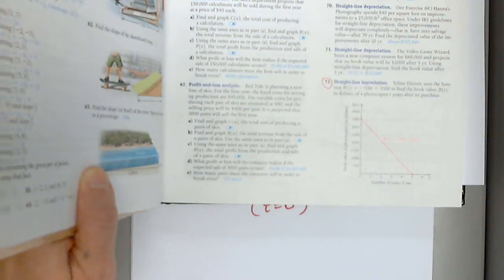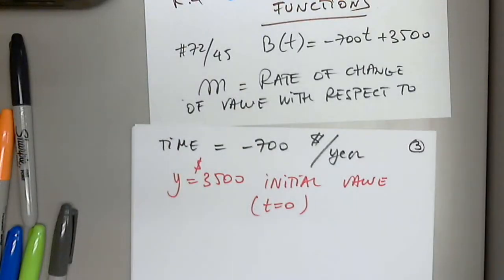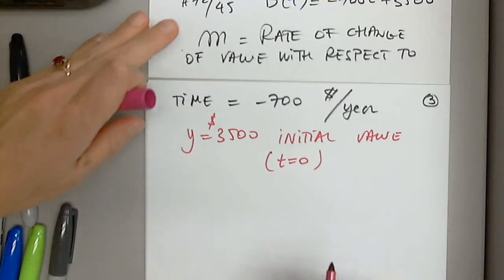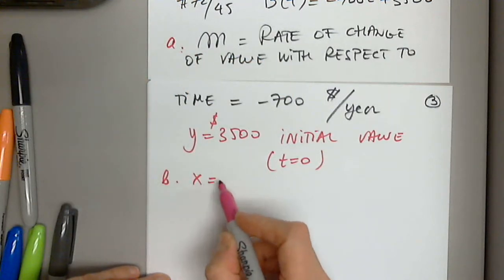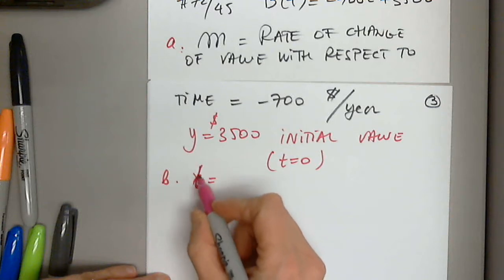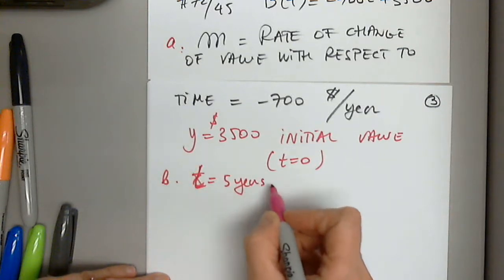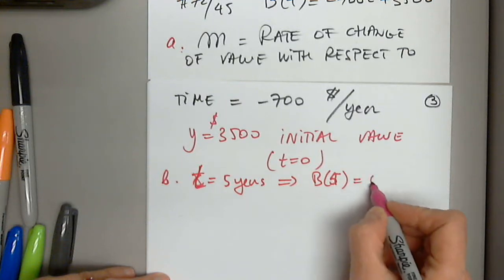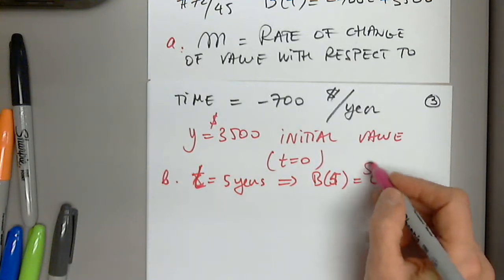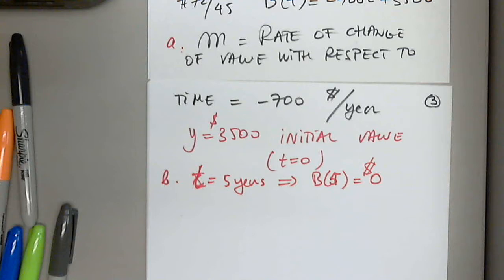Clear? Okay. So then I will write for part B. This was part A, and this is part B. I'm sorry, not x, but time. t equals 5 years. B of 5 equals $0. So when we evaluate B at 5, we get 0.